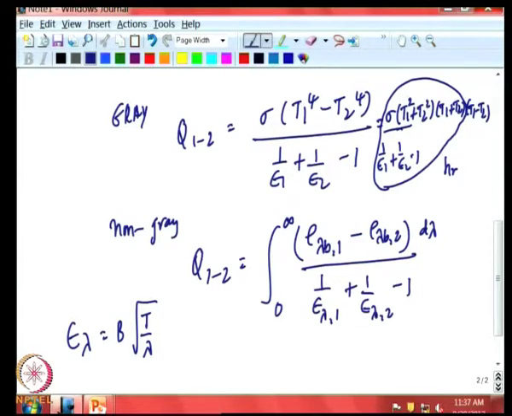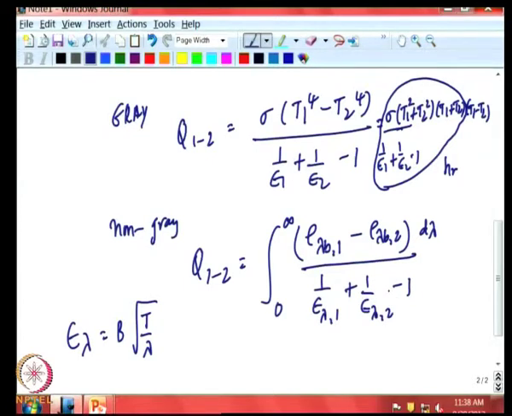This kind of result is used frequently by many people, and it is quite adequate in those situations where the surfaces are gray. But when you come to a non-gray surface like a metal, this is not going to work, and we saw that the observation with the Dewar flask shows clearly that the heat transfer rate is not proportional to the temperature difference.